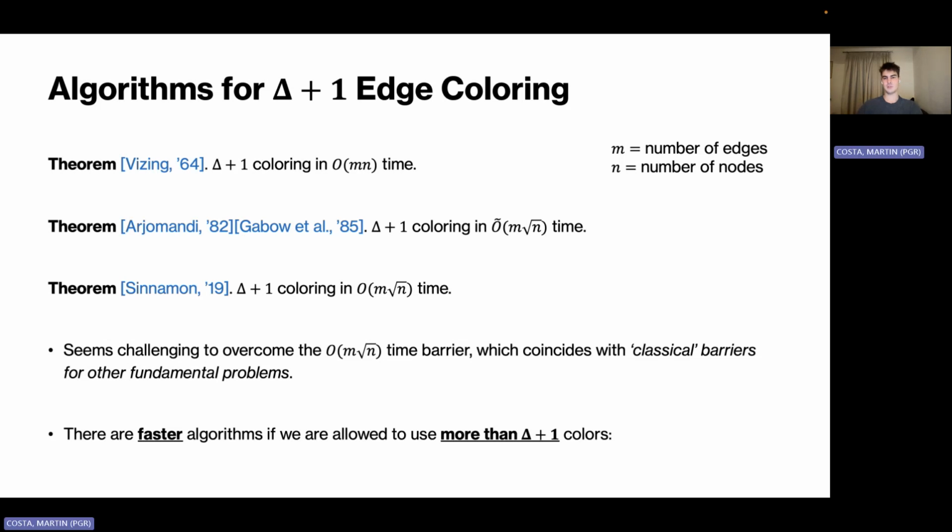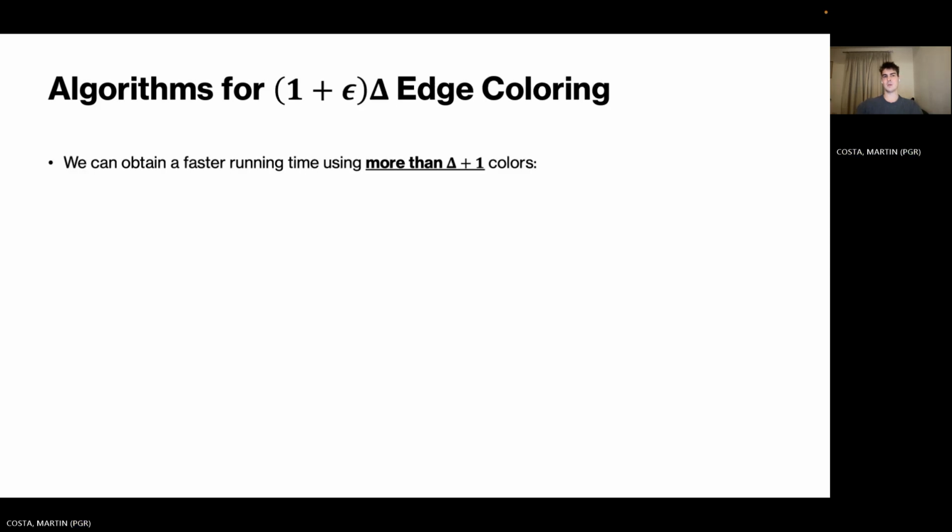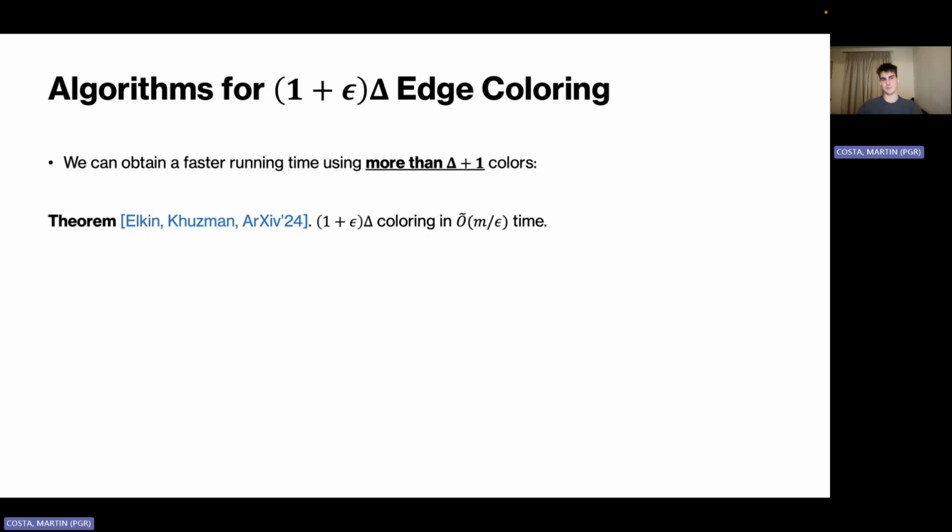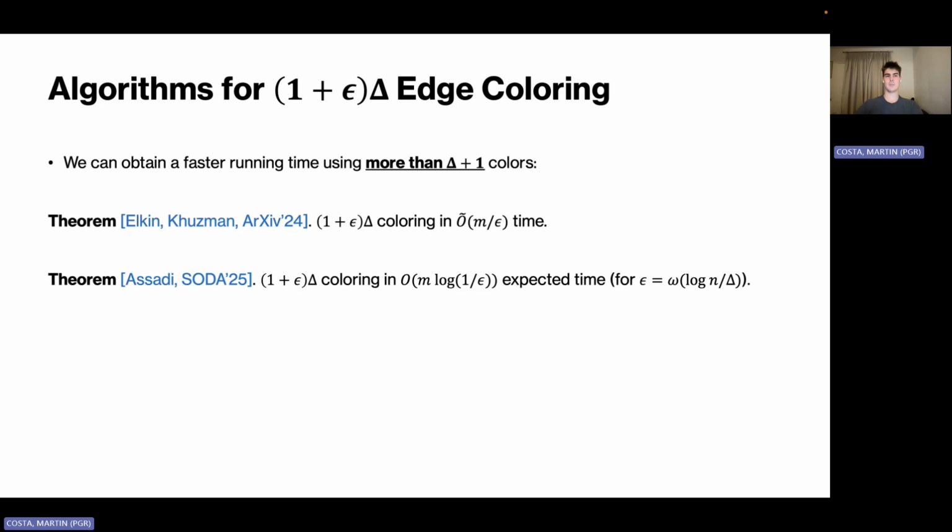If we allow ourselves to use more than Δ+1 colors, then unsurprisingly, there are faster algorithms than this. For example, a recent result by Elkin and Khuzman shows how to compute a (1+ε)Δ coloring of a graph in O(m/ε) time. So if ε is some small constant, then this runs in near linear time already.